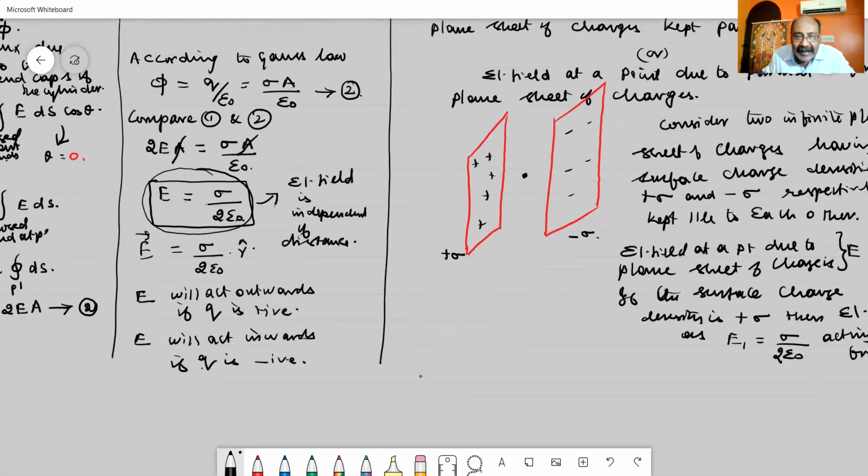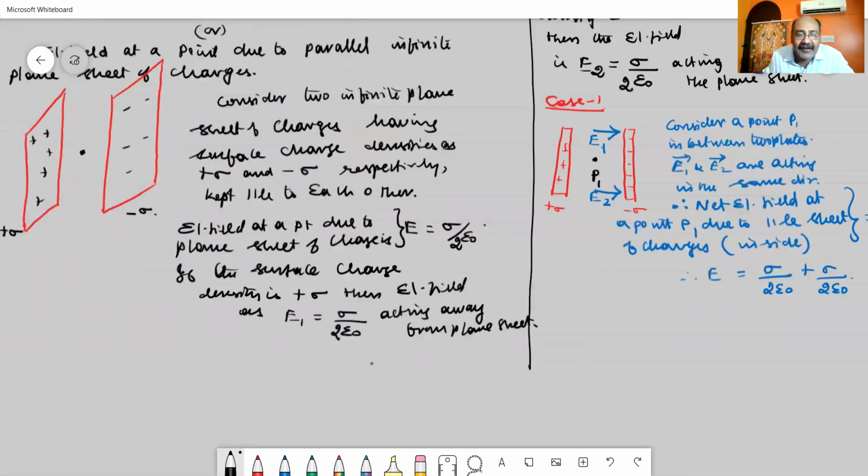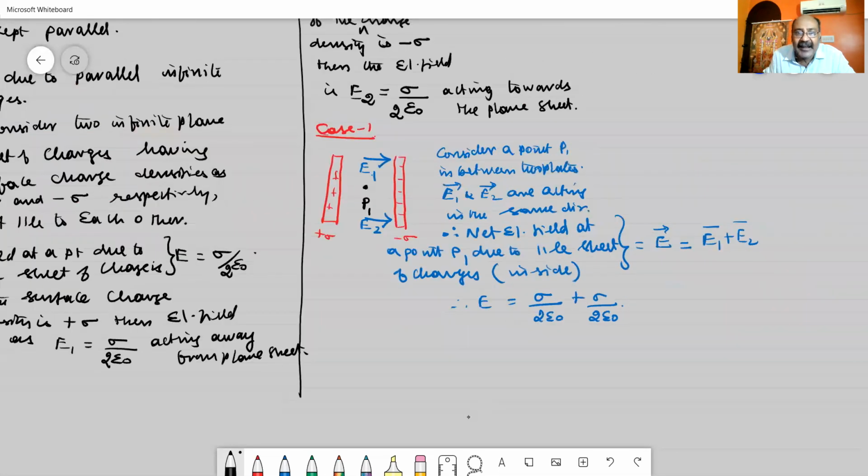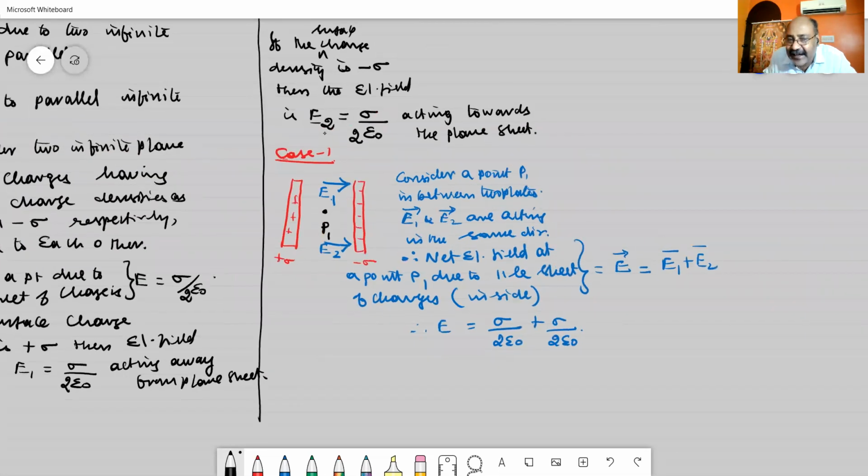So when I am taking that and writing it here, due to the positive charges with surface charge density plus sigma, the electrical field E1 is sigma by 2 epsilon 0 acting away from the point. And for the plane sheet of charge with minus sigma, the electrical field E2 is sigma by 2 epsilon 0 acting towards.